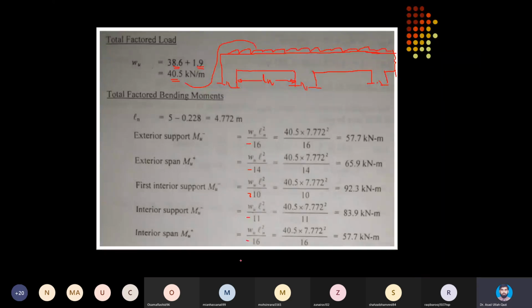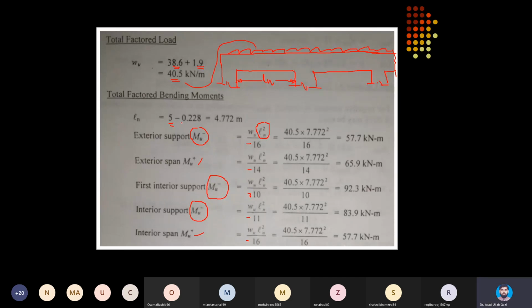So this is selected, and 5 different sections, 3 for negative and 2 for mid span positive, are calculated by using the clear span, which we have estimated as center to center was 5 for the beam along the longer span.